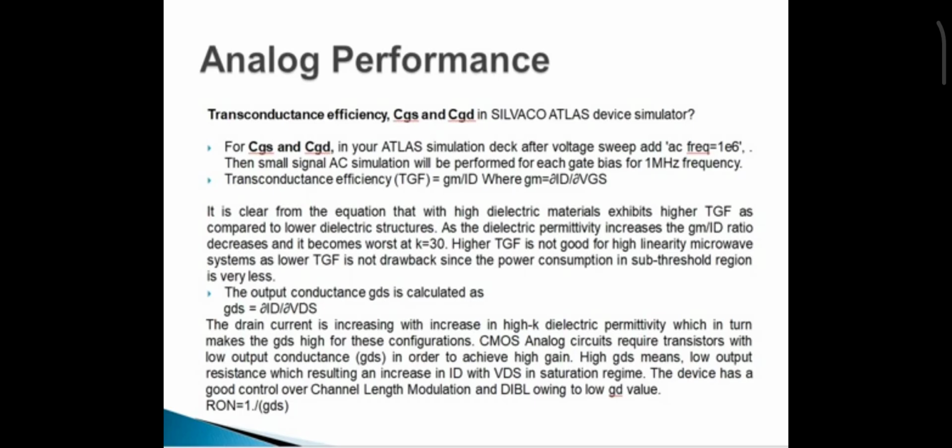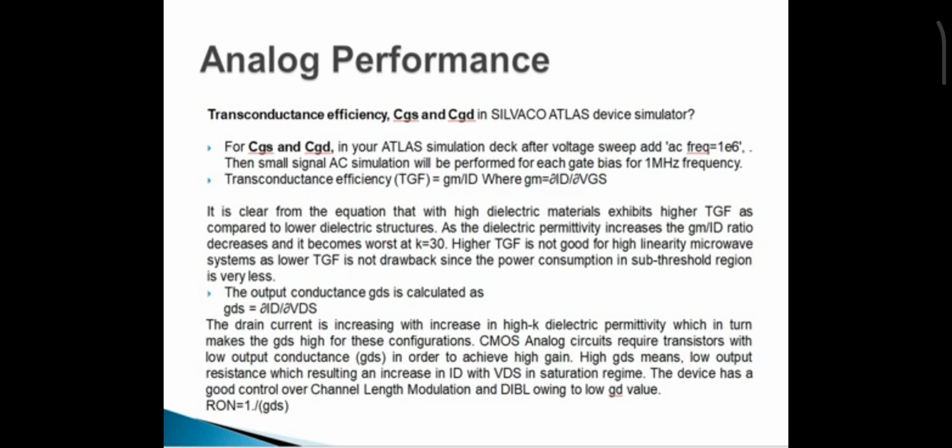Transconductance efficiency TGF is equal to transconductance divided by drain current, where transconductance, you know very well, is equal to change in drain current with respect to change in gate voltage. It is clear from the equation that high dielectric material exhibits higher TGF as compared to lower dielectric structures.